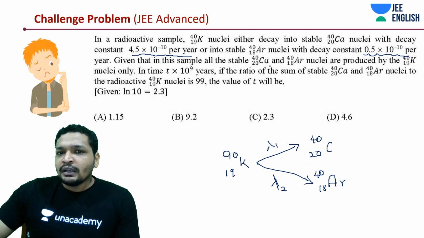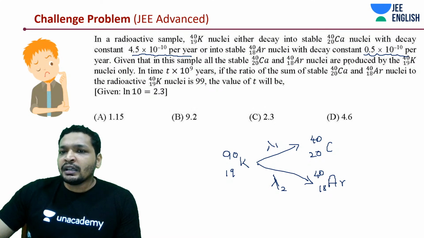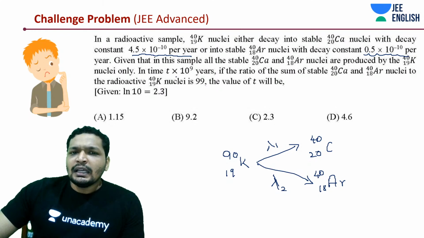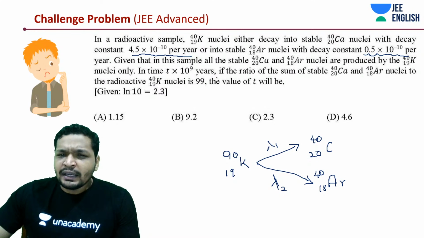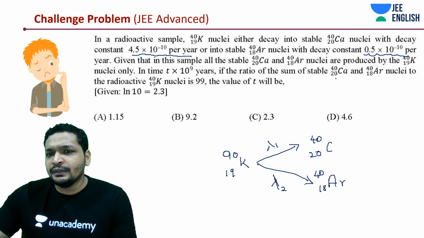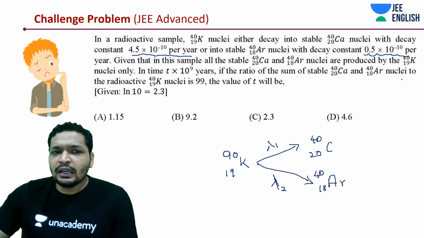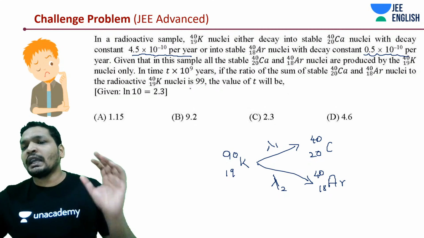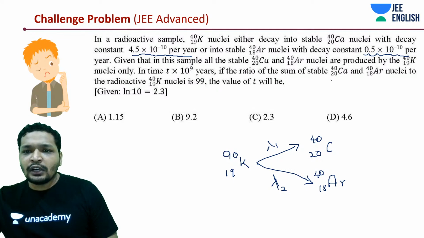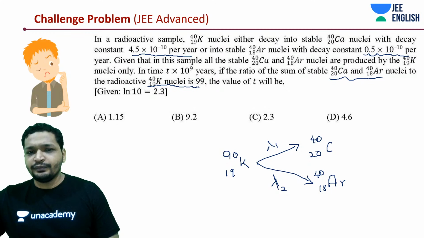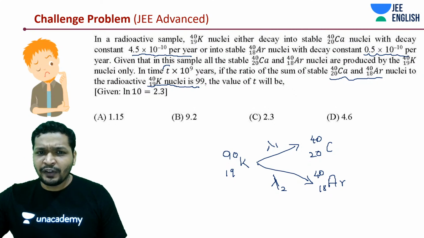All the stable calcium and argon nuclei are produced by the potassium nuclei only. In time t into 10 to the power 9 years, if the ratio of the sum of the stable calcium and argon to that of the radioactive potassium is 99, you have to find out the time t.